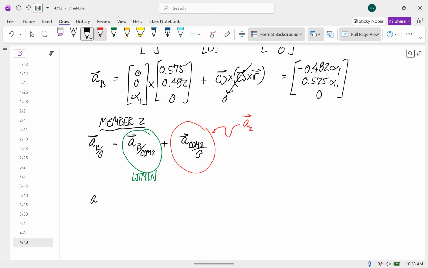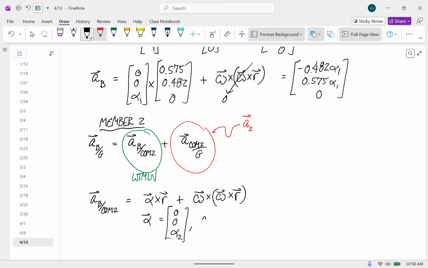So the acceleration of B relative to the center of mass is alpha cross r plus omega cross quantity omega cross r. Alpha is 0, 0, alpha 2. Omega is 0, 0, 0. But the thing that really changes the game here is that r is 0, 0, 0.